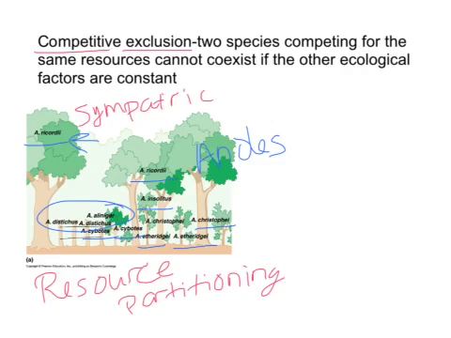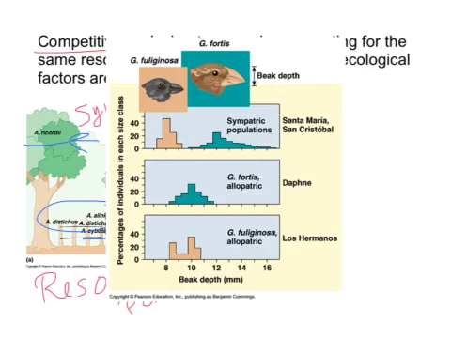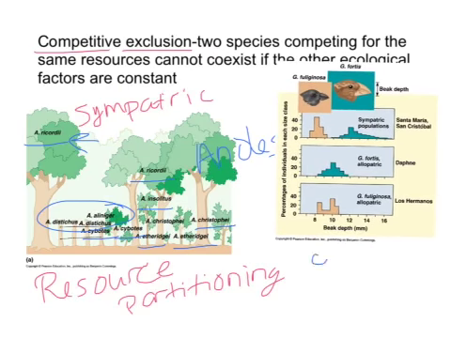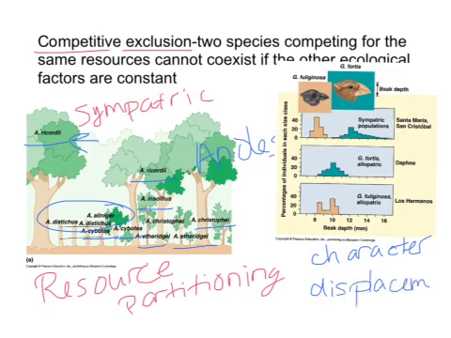Another way that organisms, the community, will try to prevent this competitive exclusion is through what's called character displacement. I'm going to actually have to write it. Character displacement is when the sympatric species, again, living in the same area, have characteristics that start to diverge to help make them a little bit different so that they can access different resources.